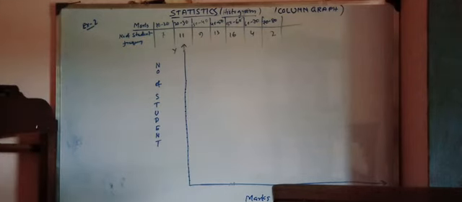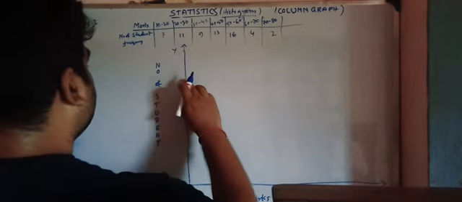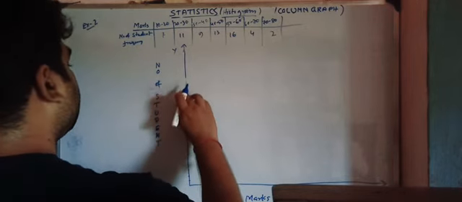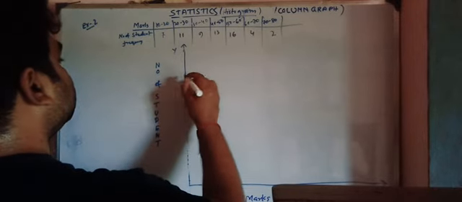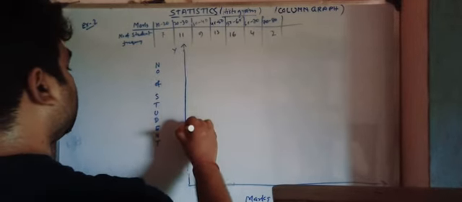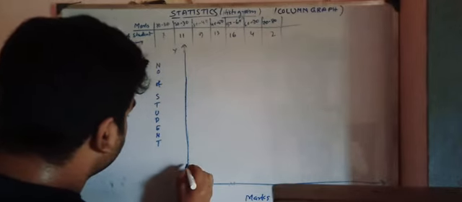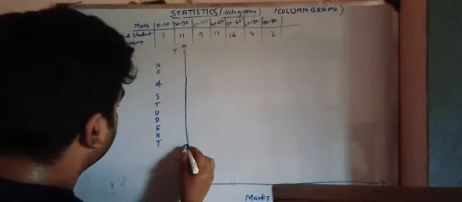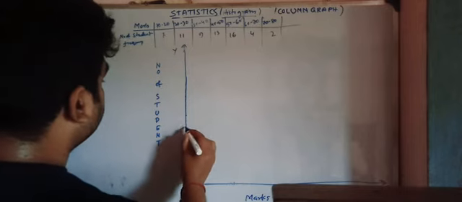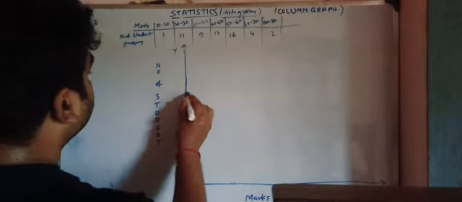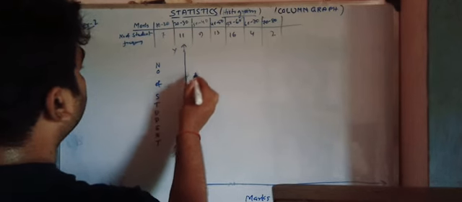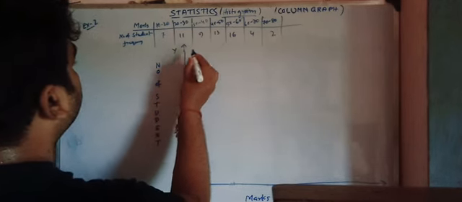Now we are taking this as one gap. No, actually we should take more gap. Here the highest data is 16, so we can take more gap so that we can better understand. That is, it is 1, next 2, 3, 4, 5, 6, 7, 8, 9, 10, 11, 12, 13, 14, 15, and now it is 16.